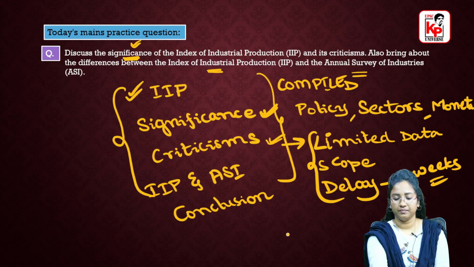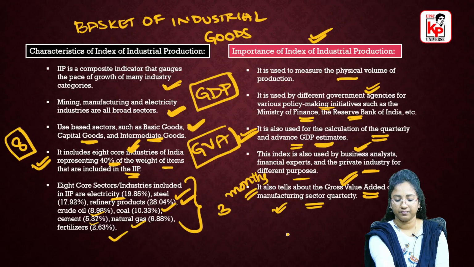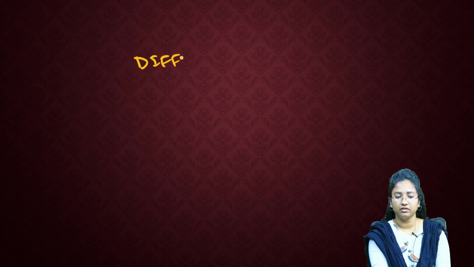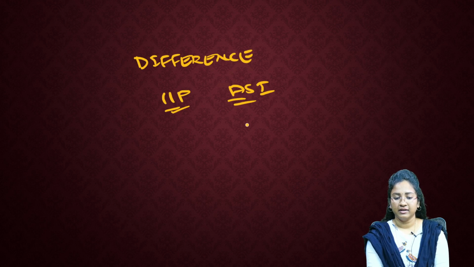Coming to the difference, we also have to mention the difference between IIP and ASI. According to our question, you have to also mention this. If you look at the IIP, this is from the beginning of the period. Whatever industries are present in the beginning of the period, from that, these would be considered.